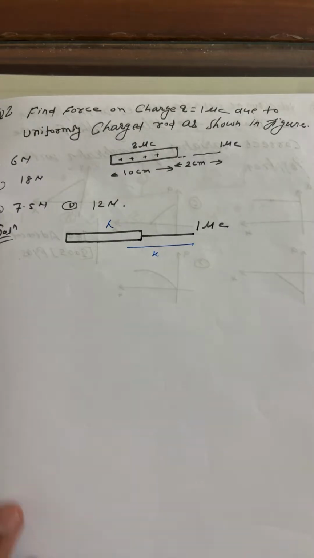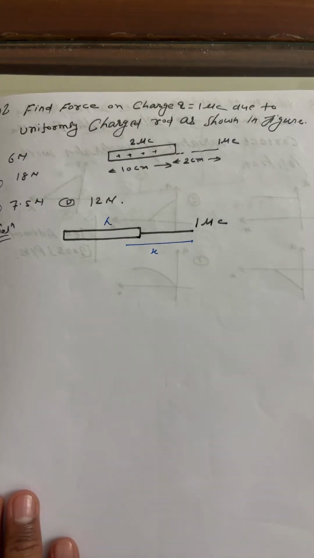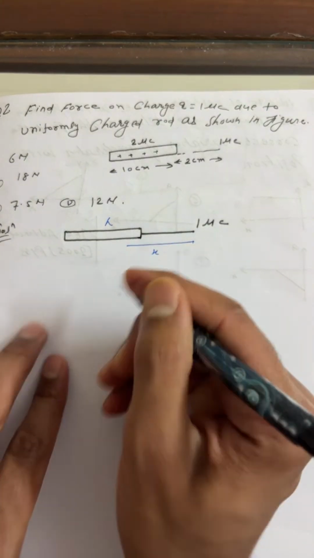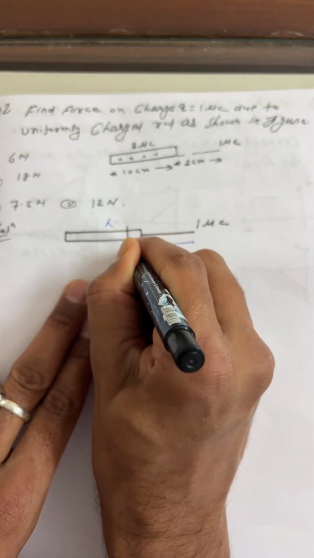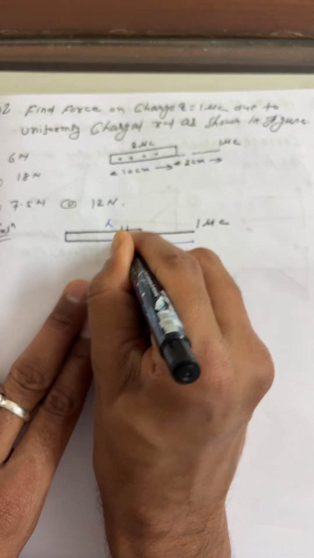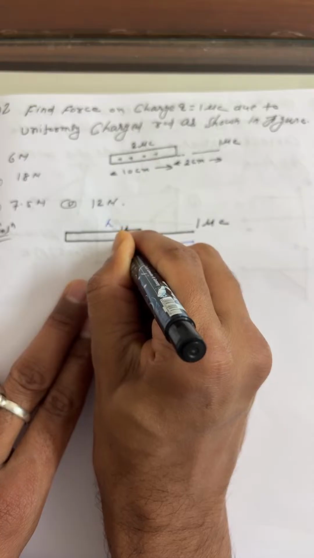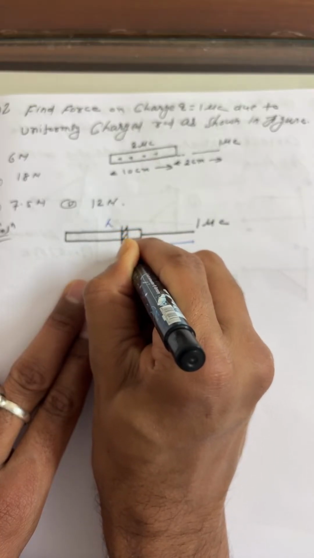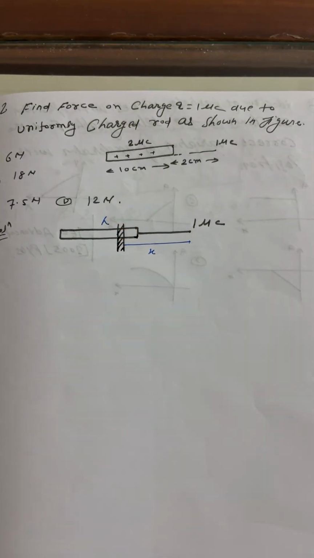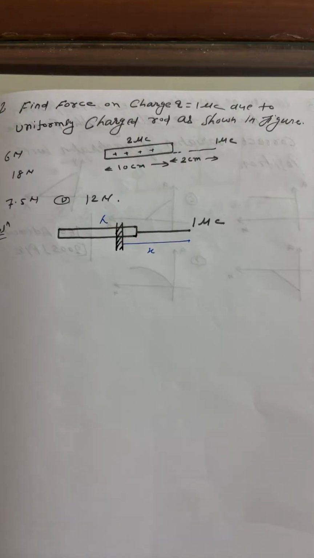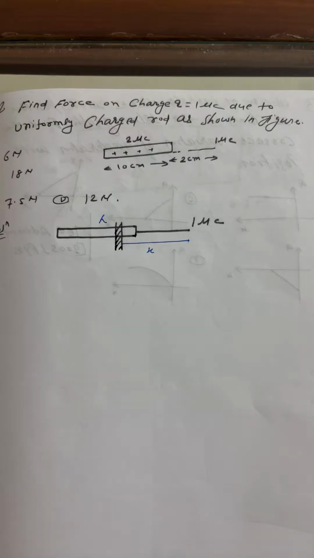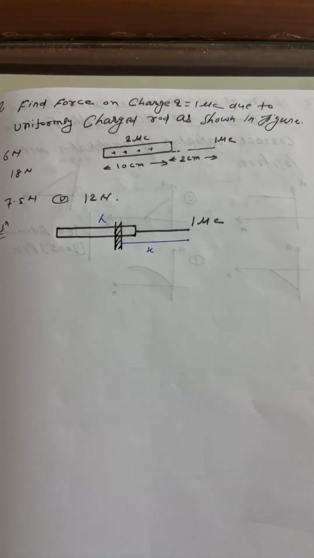If the variation is in a linear direction, then you have to move x and take an element dx. Always remember, it's a very important step: if anywhere the variation is linear, you have to move x and take element dx.